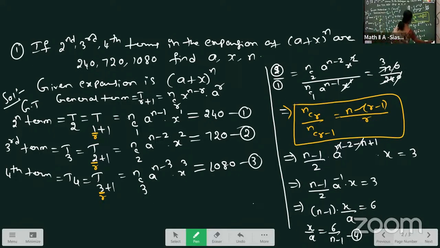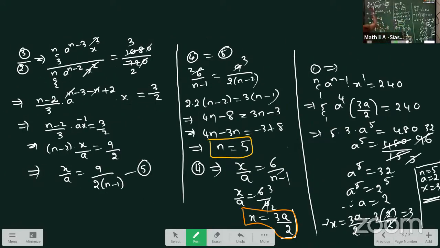We got equation 4. Then equation 3 by equation 2, we got equation 5. If you observe, 4 and 5 are equal, so equated equation 4 and 5, got n is equals to 5. By taking n as 5, found x is equal to 3a by 2. Substituted n and x values in equation 1. So we got a is equals to 2. So with the help of a, we found x is equals to 3. So this is how we got n is 5, a is 2, and x is 3.